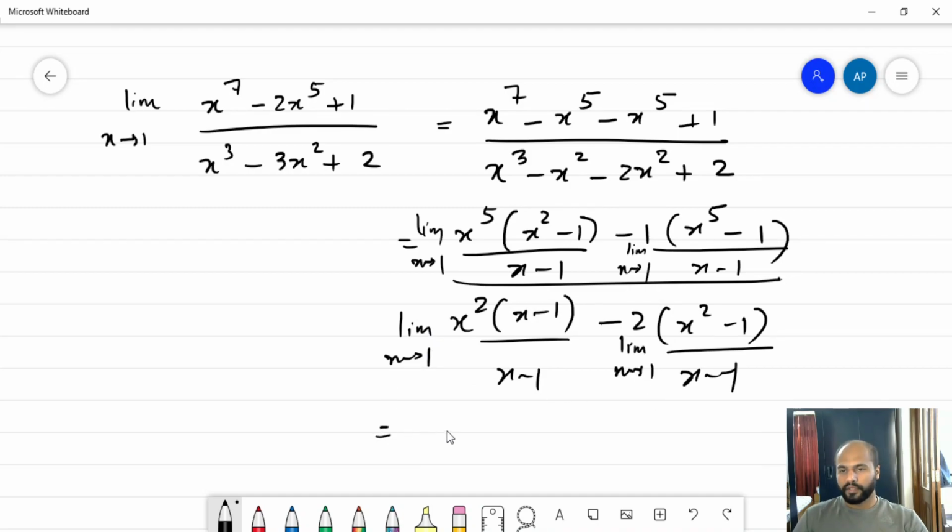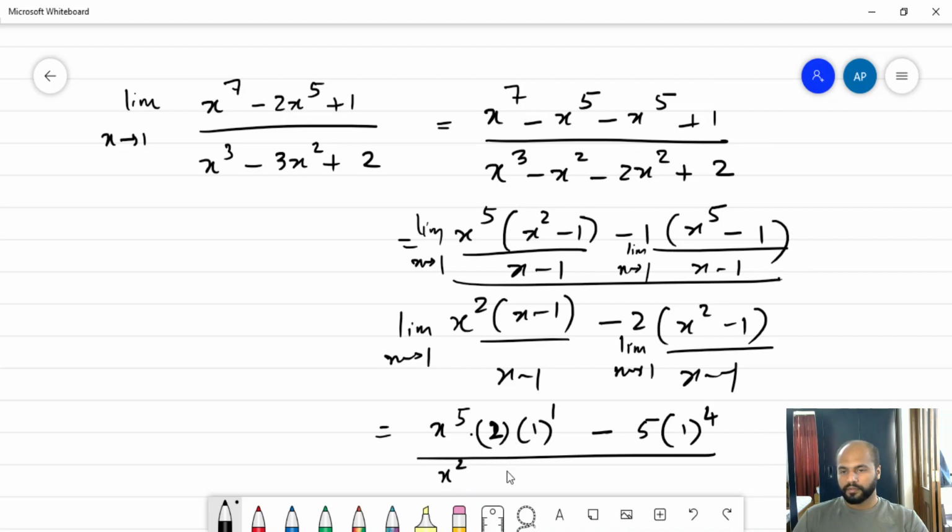So if I do that, then what we get is x raised to 5, this would be written as n a to the n minus 1. So n is going to be 2 a to the n minus 1. This is going to be 5 a to the n minus 1, that is 4, divided by this is going to be x squared, and x minus 1 is obviously gone.